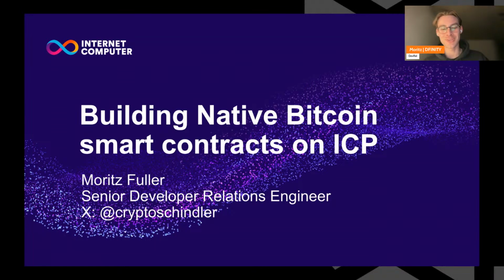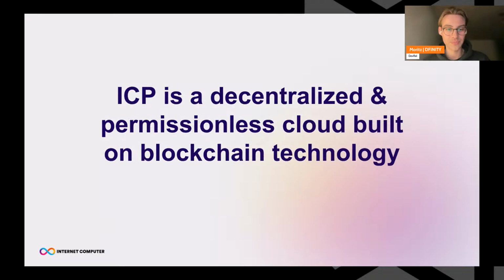If you were not, some of the things I'm talking about might be a bit difficult to understand, but you could still follow along and then rewatch the recording from Monday, and then things should click. Today I'm going to cover how we are able to build native Bitcoin smart contracts on the internet computer. Even though I cannot cover everything from Monday, I'm still going to give you a very quick intro in case you were not there.